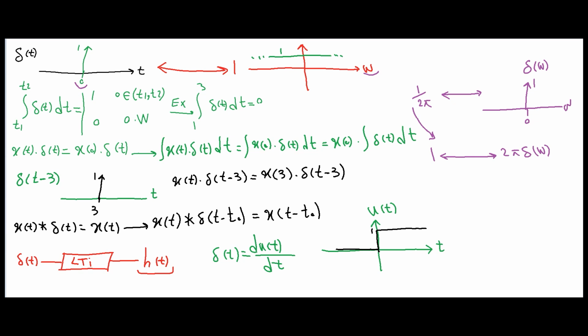If you take the derivative of this signal, in the regions where the signal is constant, the derivative becomes 0. And at the point where there is a jump, the derivative appears in the form of an impulse.